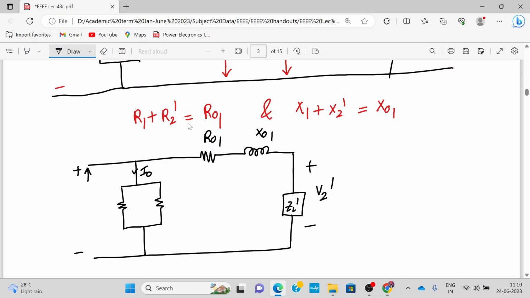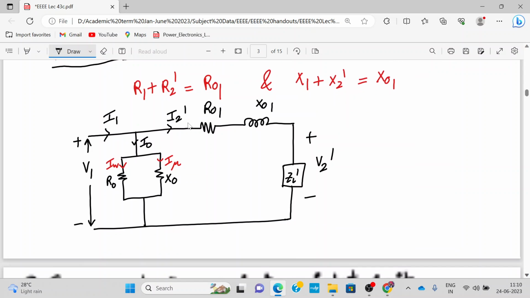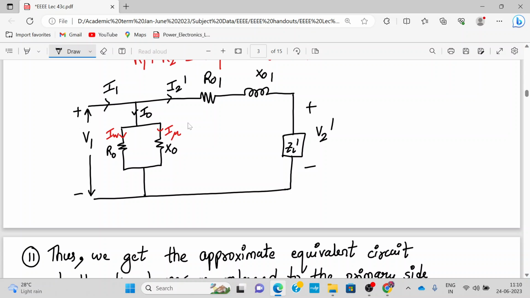This is my voltage V1, current I1. And here it is I2 dash. So now I want to represent them. Let me add over here IW, I mu. This value of the resistance is R0 and X0. So this is my approximate equivalent circuit of the transformer.